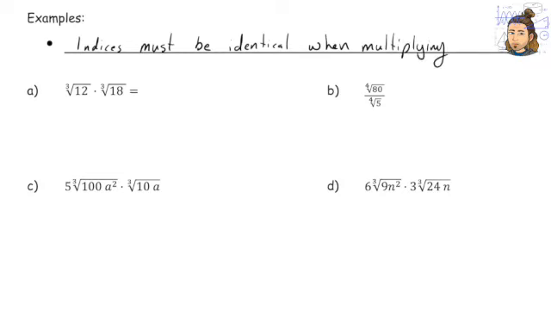Okay, so taking a look here, I have the cube root of 12 times the cube root of 18. So I can rewrite this as the cube root of 12 times 18. Just merging those two together.